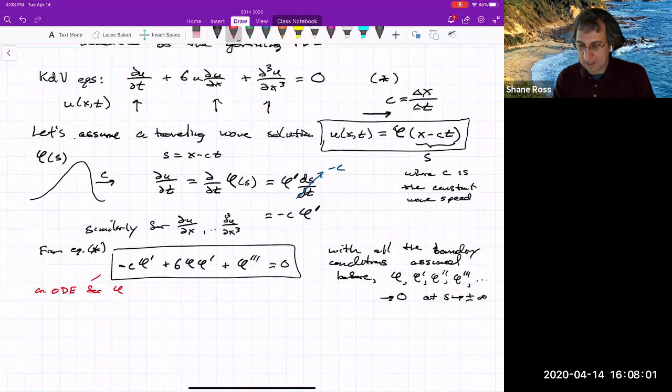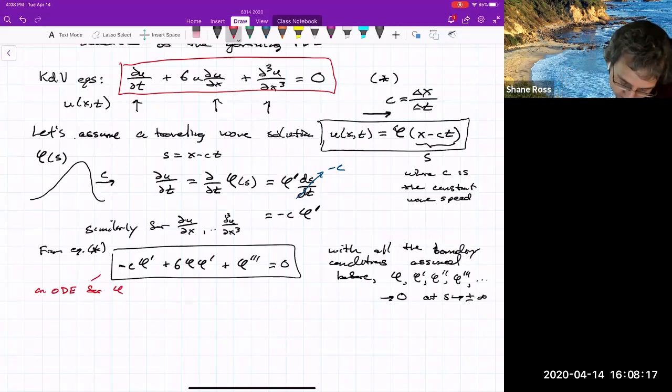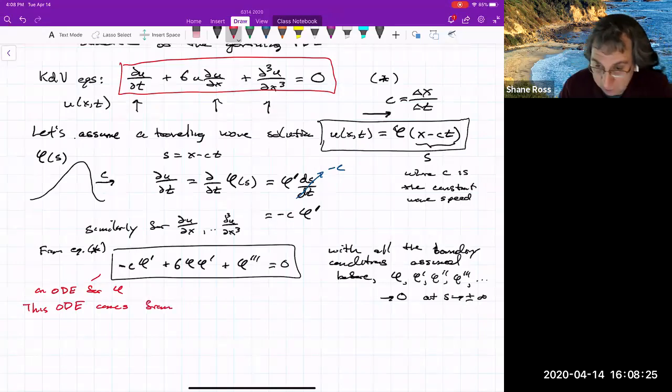And like its PDE, its parent, this daughter inherits the Hamiltonian structure. So this ODE actually comes from a Hamiltonian, which means it's Hamilton's equations.